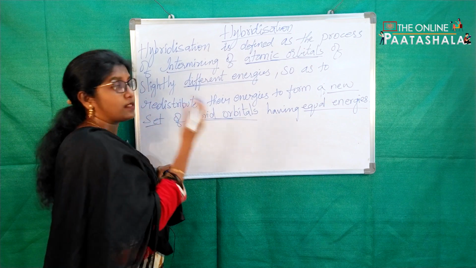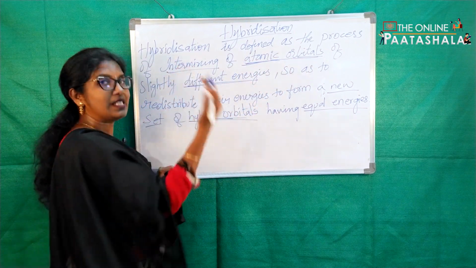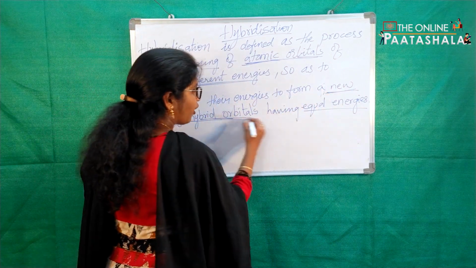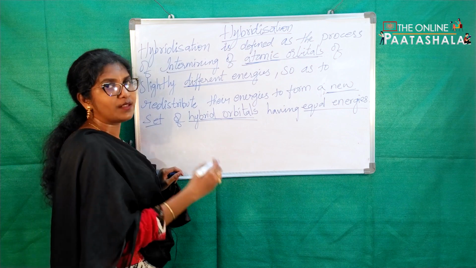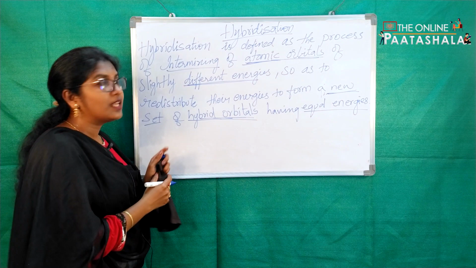Before intermixing, the atomic orbitals will have different energies. After intermixing, they will form a new set of hybrid orbitals, and these hybrid orbitals will have equal energies. What is the definition?